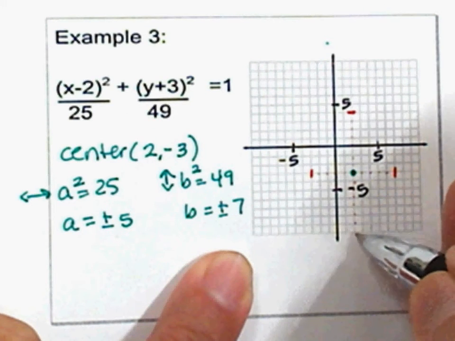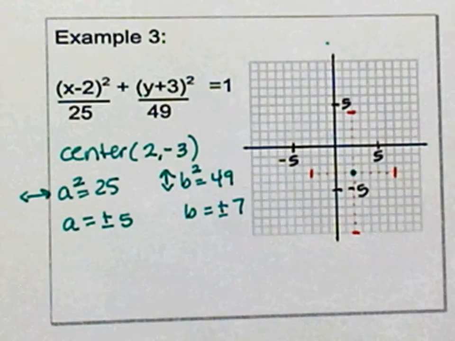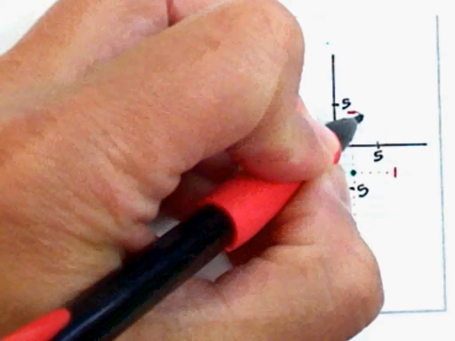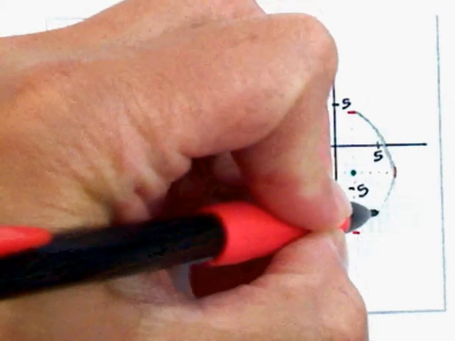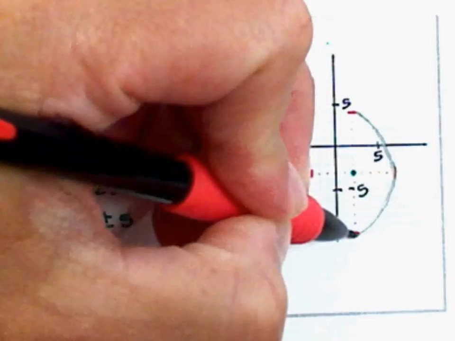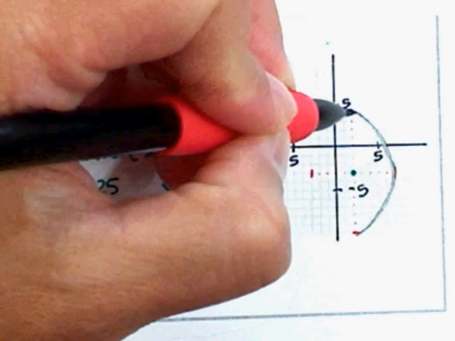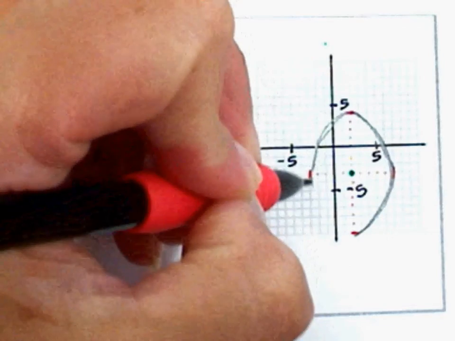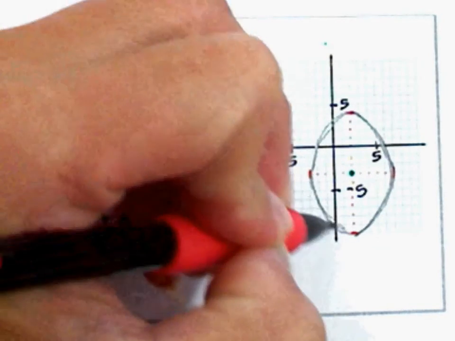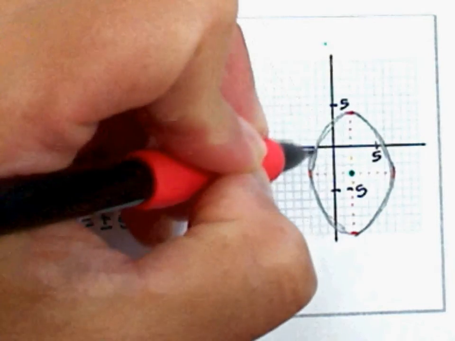And there you have somewhat the shape of an ellipse, if you just connect them. As you can see, my oval is perfect, and so should yours. I'm kidding, I'm kidding. There you go. And so there you have your graph.